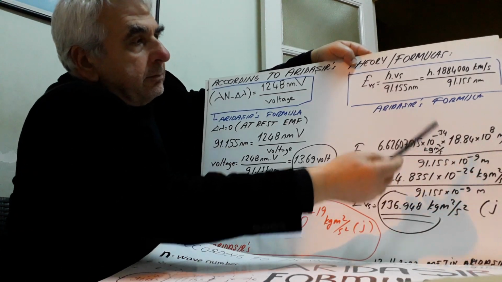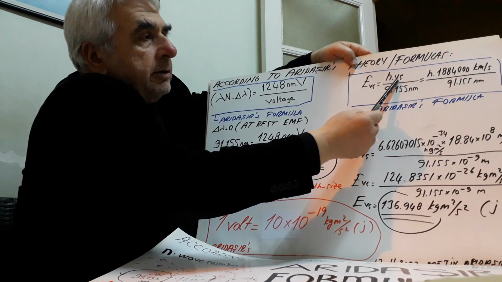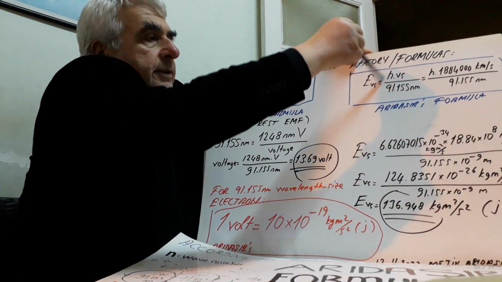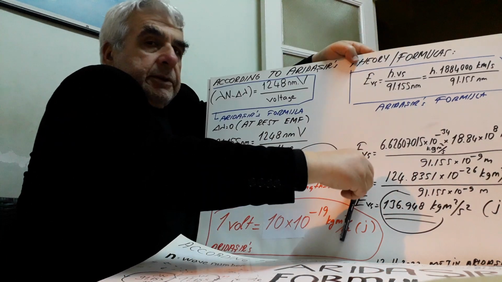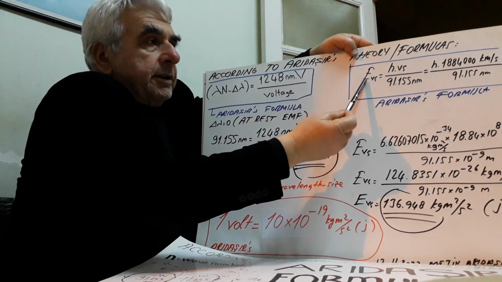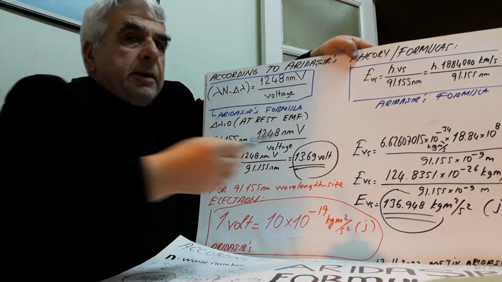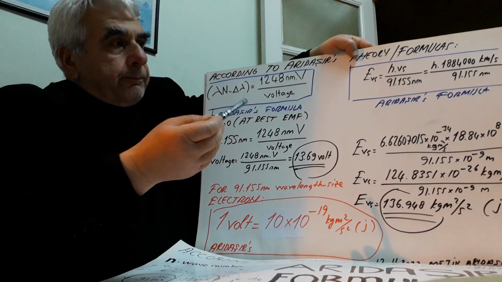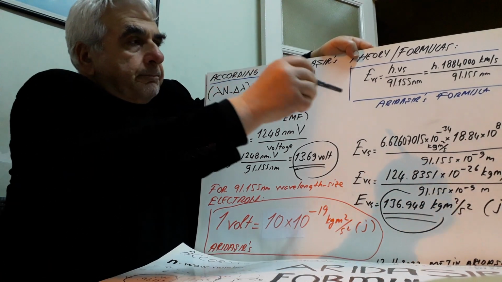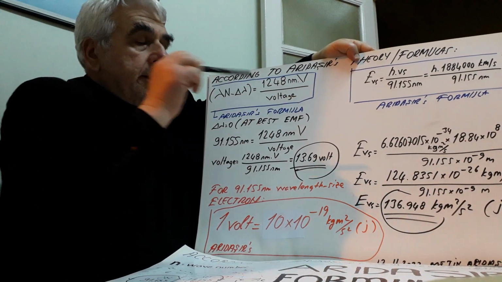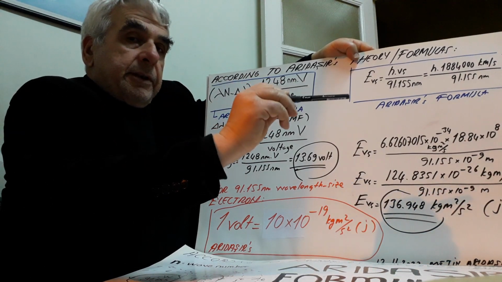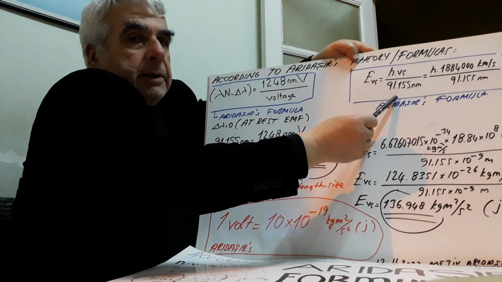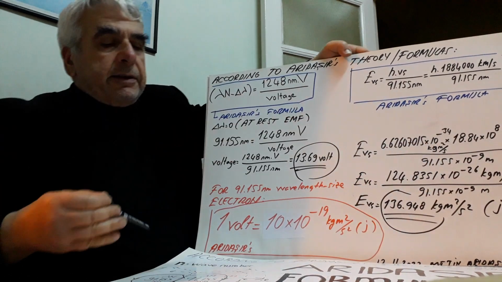here, h linear velocity divided by lambda, okay? This is the linear velocity component energy, EVG. If we want to find the C component energy, it is H multiplied by C divided by lambda, or lambda n minus delta lambda cosine alpha.